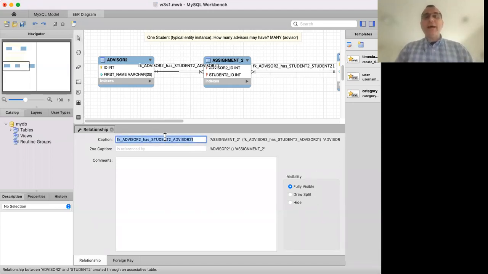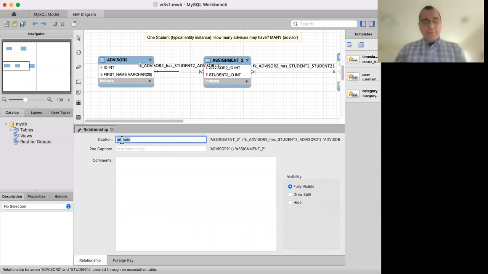Here, I am looking holistically, globally, at the goal of this bridge. And I will put, for instance, advises. And surely you may say, okay, doesn't sound good. Advisor advises assignment. Yeah, advice is based on that assignment. But to be shorter, I will just put advises. And basically, I have in mind the student from the assignment, because this bridge is just a way to represent the many-to-many relationship.